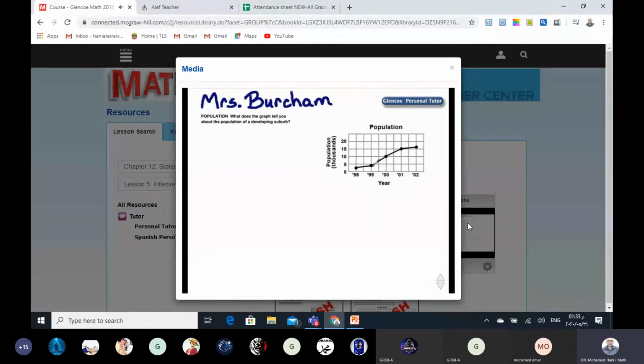From 2001 to 2002, again, there was just a slight increase. So most of the growth in this suburb was from 1999 to 2001.